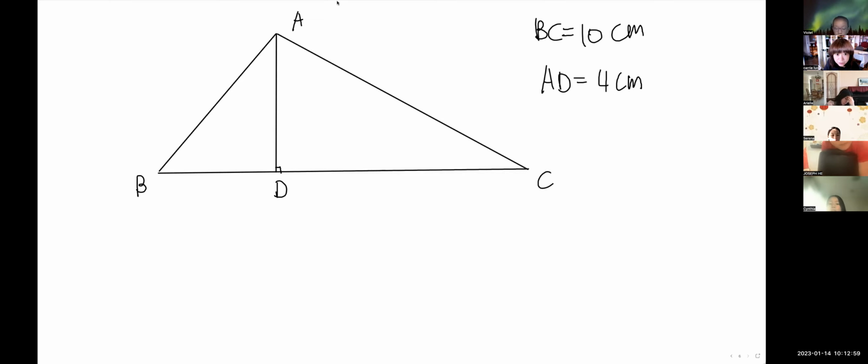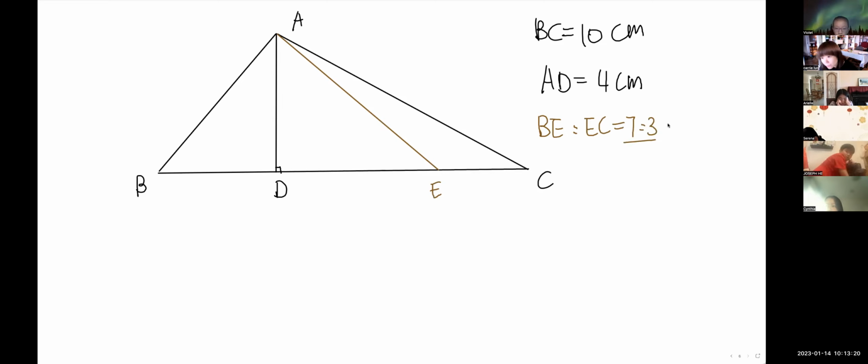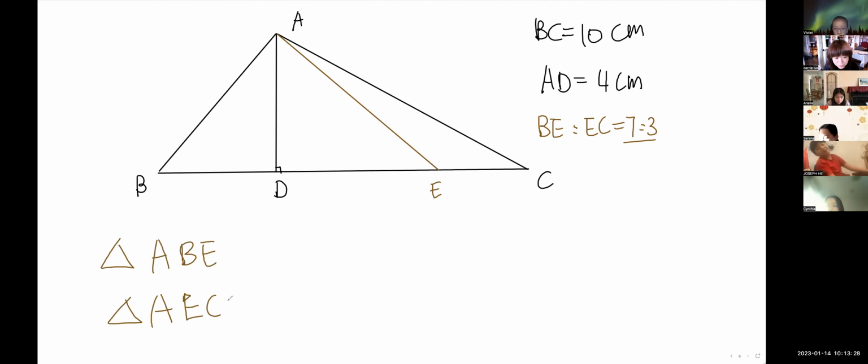And I have a new point E, and BE to EC equals 7 to 3. Everybody, I want you to calculate the area of ABE and the area of AEC. This question is very easy, and I trust you can do it.